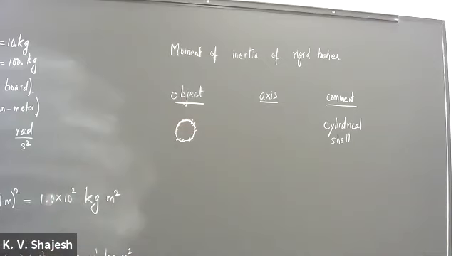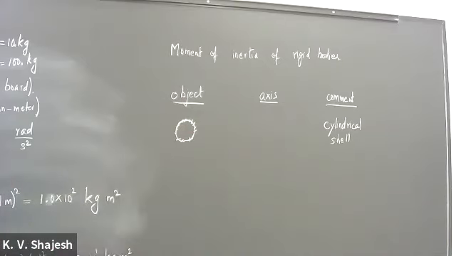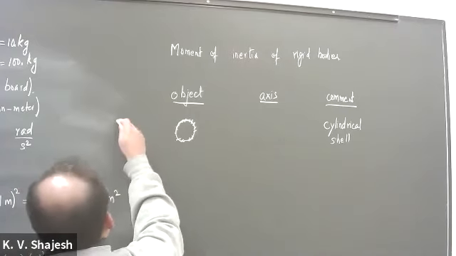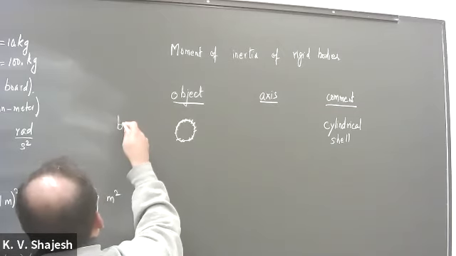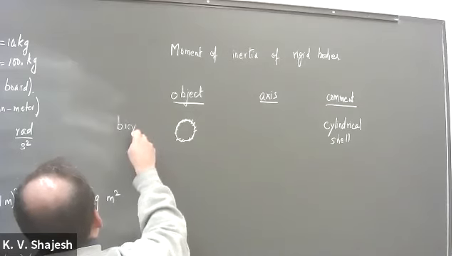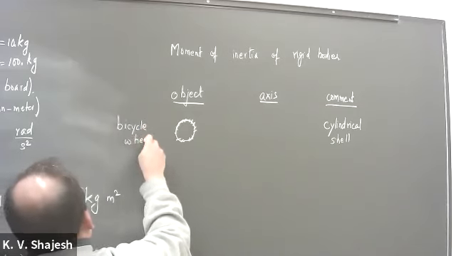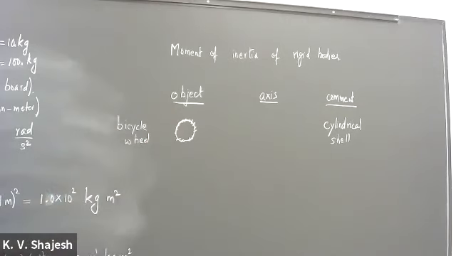But here it is a shell, so it is only in the outer part, or we can think of it as a rim, right, or a bicycle wheel, right? Most of the mass is at the outer end. So example is bicycle wheel, where most of the mass is at the outer end.